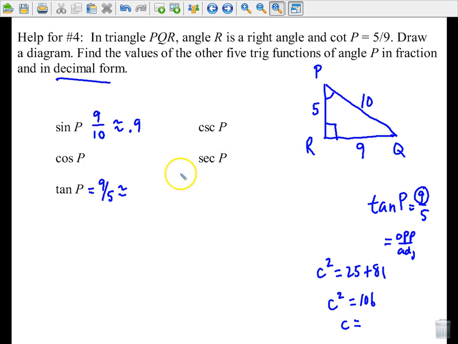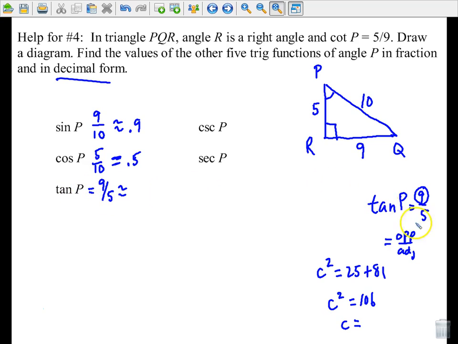All right, cosine P. Cosine is adjacent, which in this case is 5, over hypotenuse, 5/10. That's easy enough, which is 0.5.